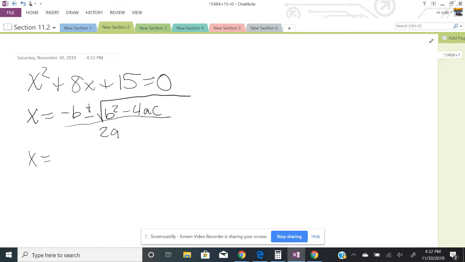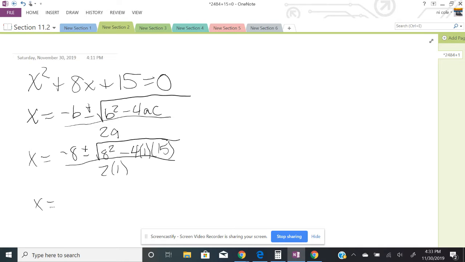X is equal to, well, my b is 8, but I have to make that negative 8, plus or minus the square root of 8 squared minus 4 times 1 times 15, all over 2 times 1.